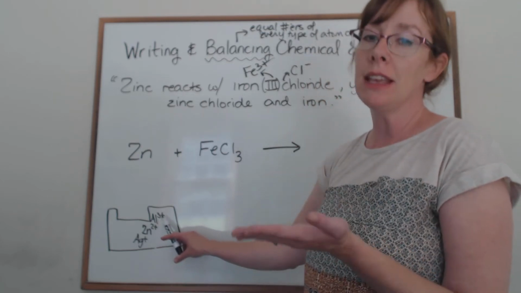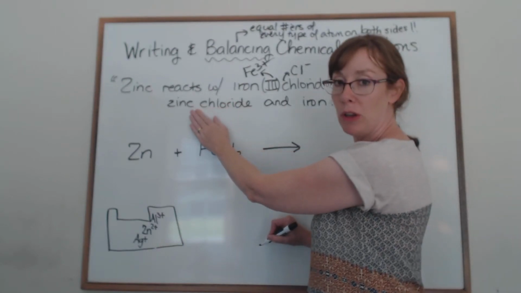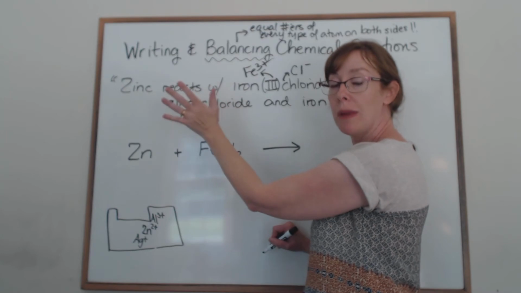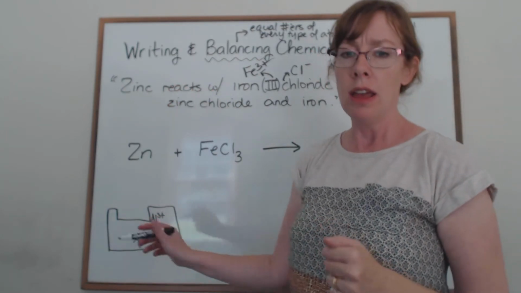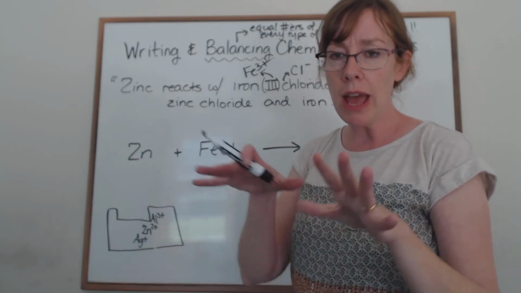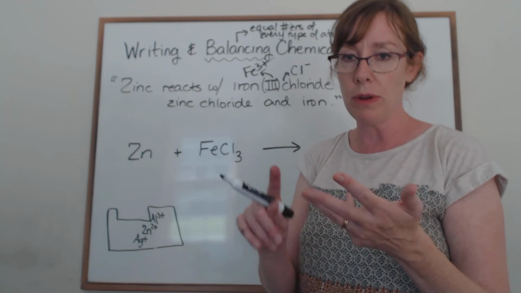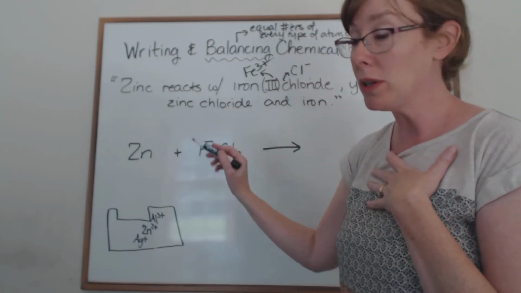What I'm trying to say is zinc always makes a 2 plus. That's why in the name you don't see a Roman numeral, because everybody knows that zinc always makes a 2 plus cation. So even though it's a transition metal, zinc and silver don't have options the way that iron or chromium has. You just have to know that zinc is always making a 2 plus.